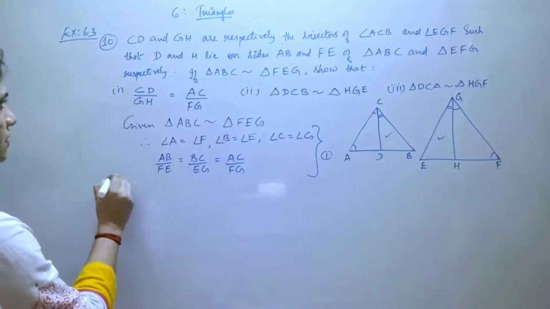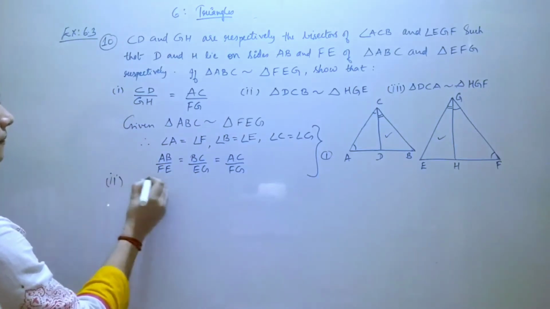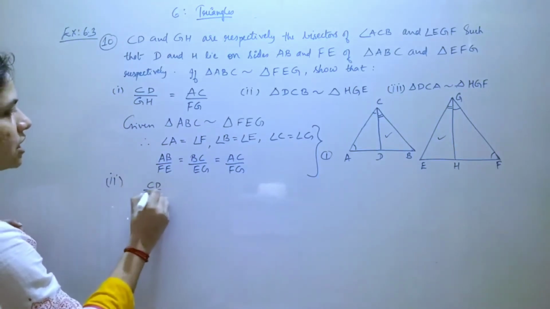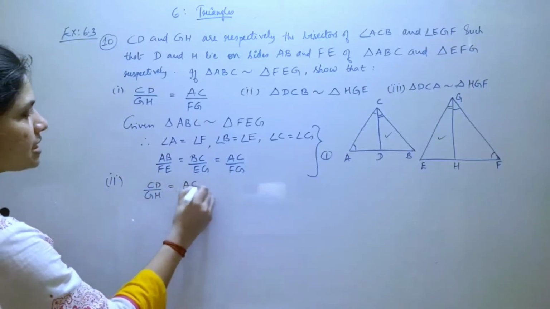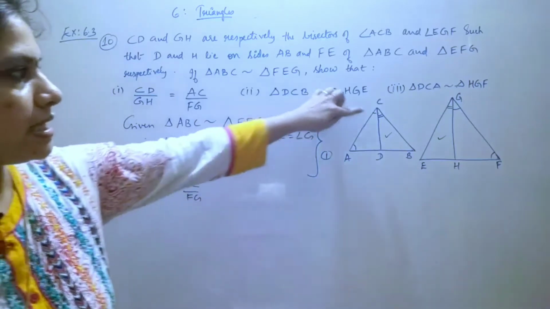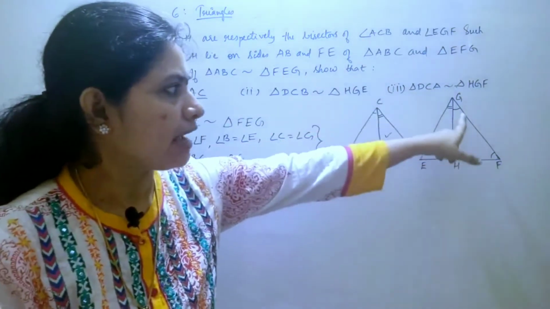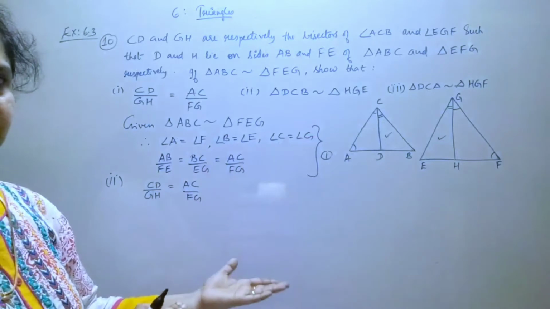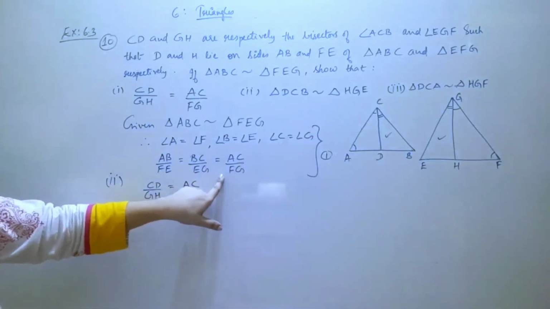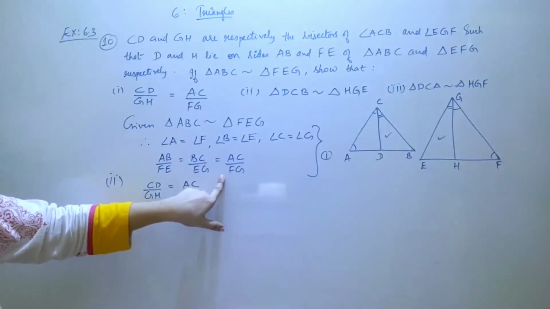So according to the first one, what we are getting is CD by GH is equal to AC by FG. You just see CD by GH is equal to AC by FG. But we need the other part. For that, we will make use of the given concept in the question. What is given?